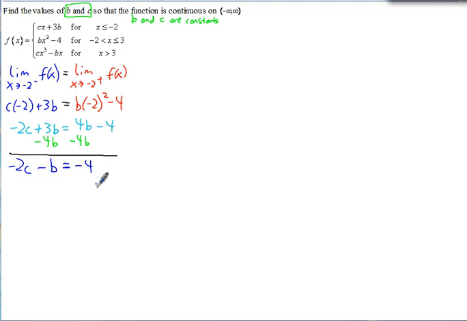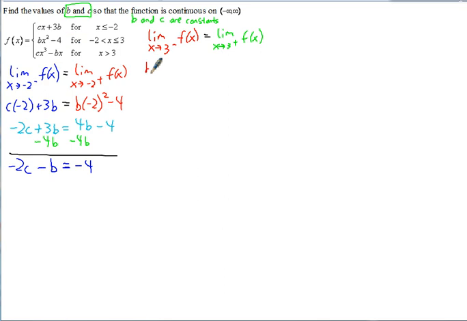So our other equation is going to come from using the other breakpoint. So the limit as x approaches 3 from the left of f of x has to equal the limit as x approaches 3 from the right of f of x. So 3 from the left, you'd use this middle piece. That's all where x is less than 3.